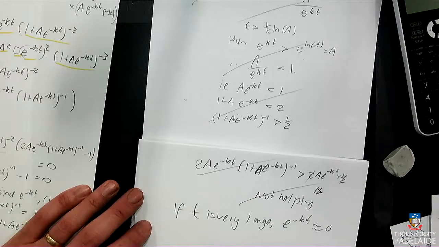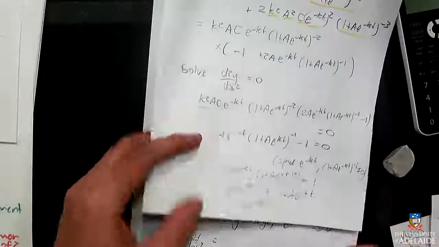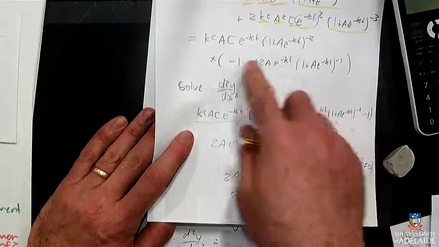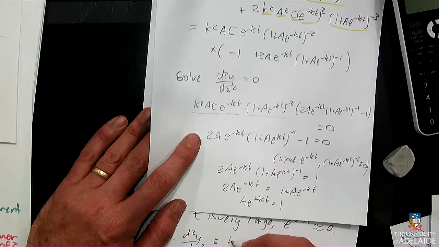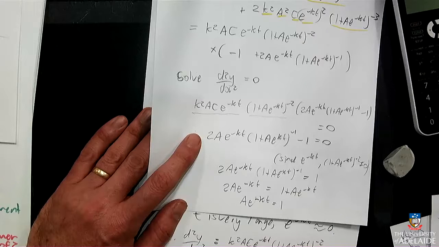And that's approximately 0, and therefore d squared y on dx squared is going to be, this bit is going to be negative. Which is negative.